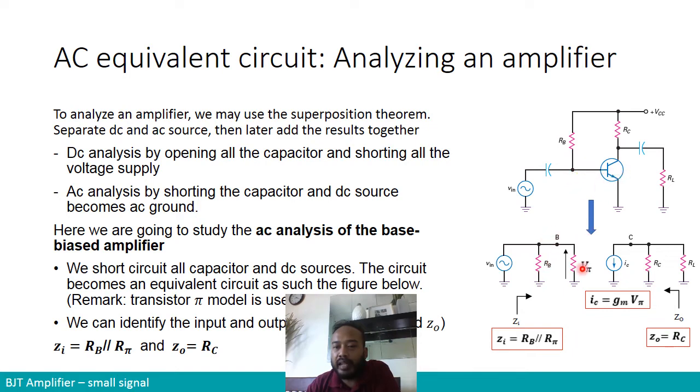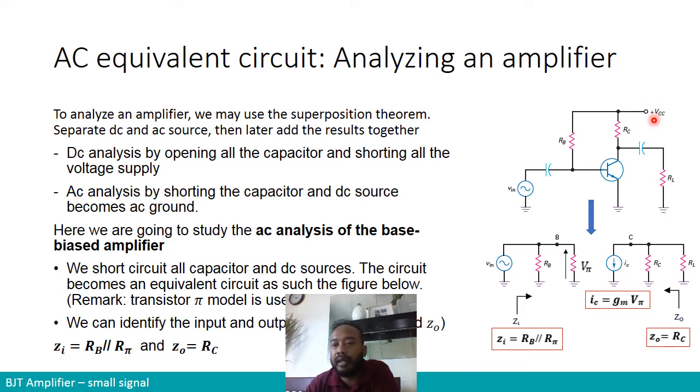So connected to the base, we start over here the model of the BJT that we've seen just now. This is the pi model. So we have a resistor representing the base resistor, we have V pi, and then we have IC, the current through the collector circuit, connected to RC, and then RC connected to VCC.